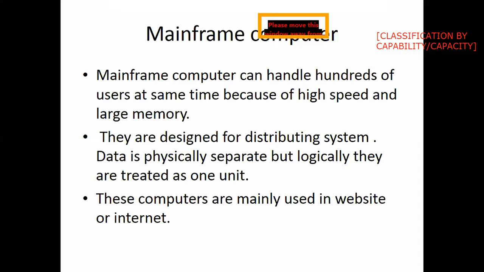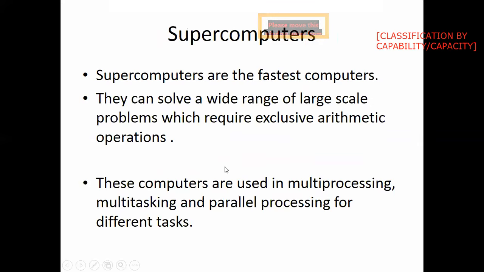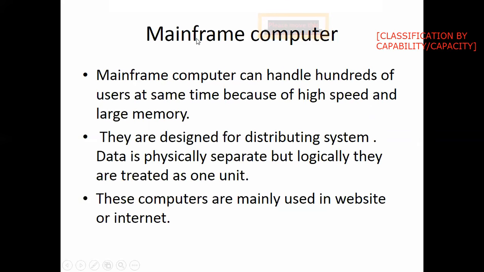So they have a higher capacity and larger memory in comparison to the minicomputers.